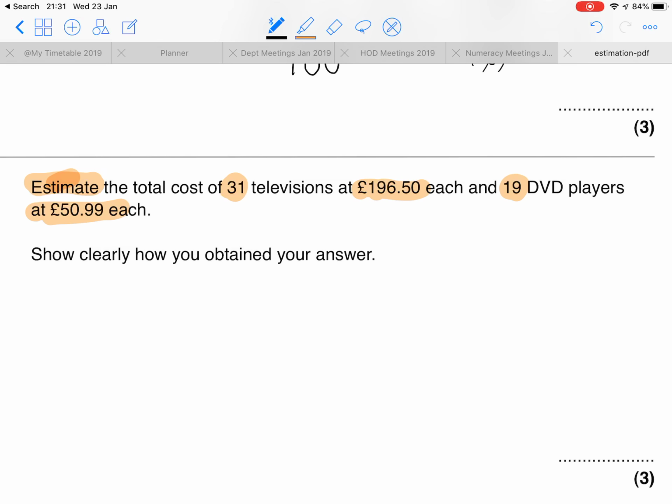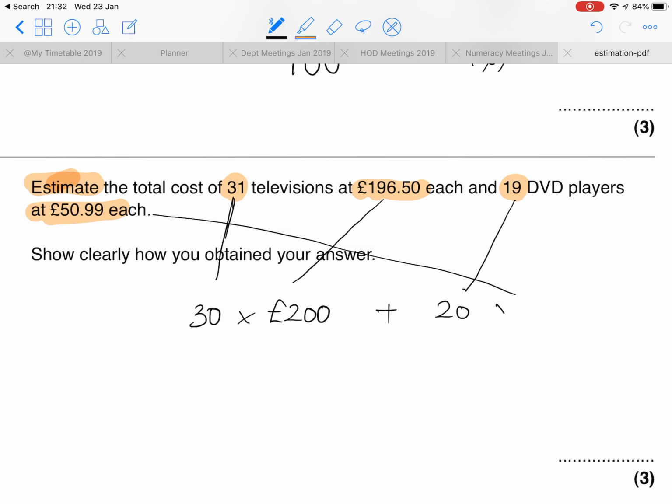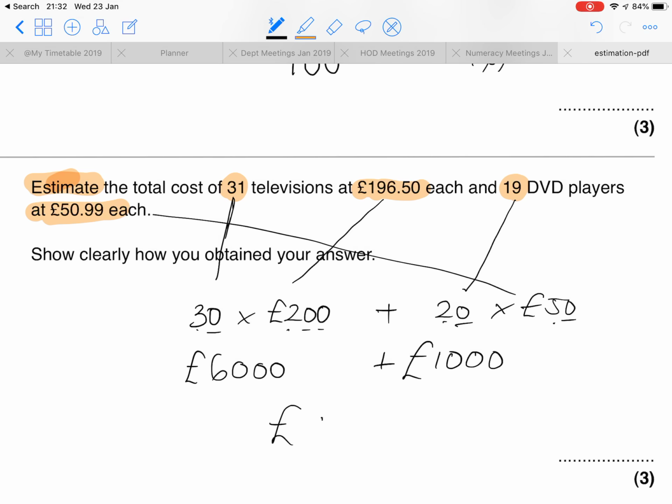So I have 31, round to 30, TV players, 1 SF, and I'm adding to that 19, rounds to 20, rounds to 50. 3 2s are 6, 3 zeros, 1,000 times bigger, 2 5s are 10, 2 zeros, 100 times bigger. My estimate, 7,000.